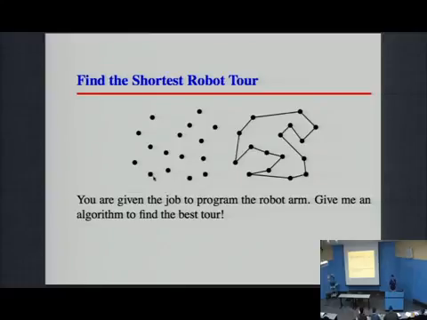Does everybody see that this is now the problem that these people face? Given an arrangement of pins based on the particular device they're manufacturing, find an order to visit all the pins so that you minimize the total amount of distance traveled.